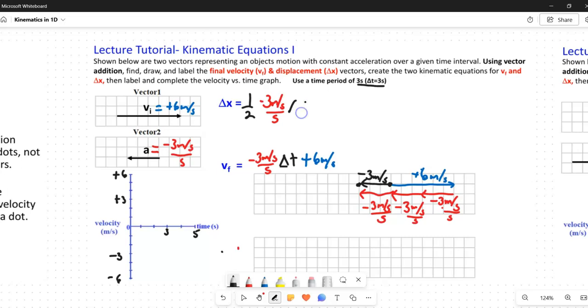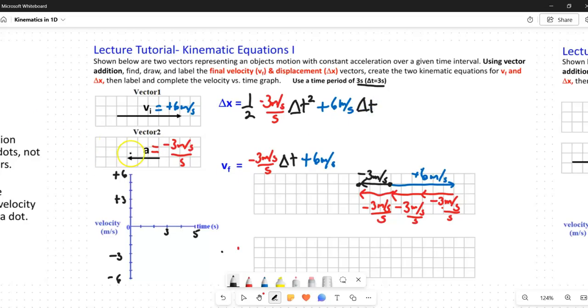And in the next class, I think we get into why that is time squared. And then plus 6 meters per second times delta t.